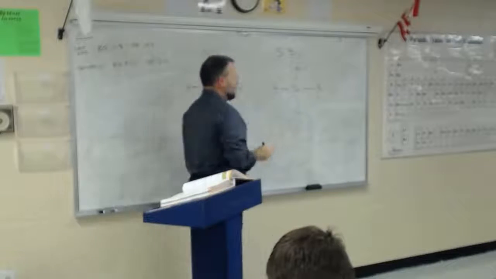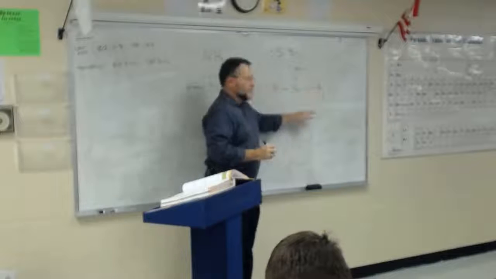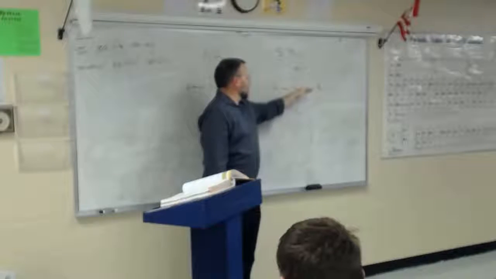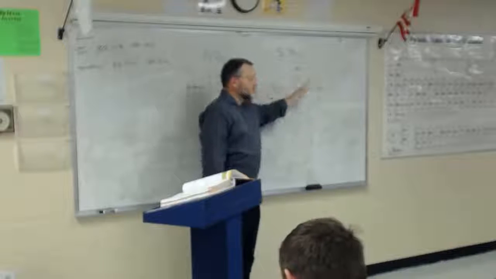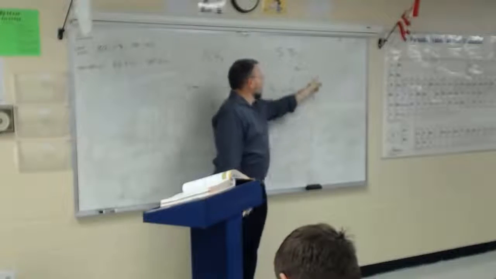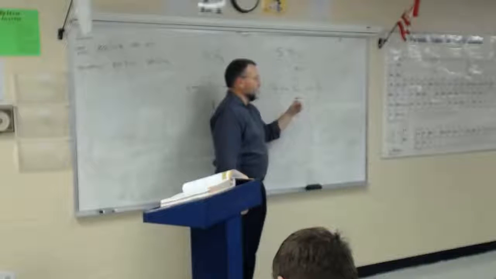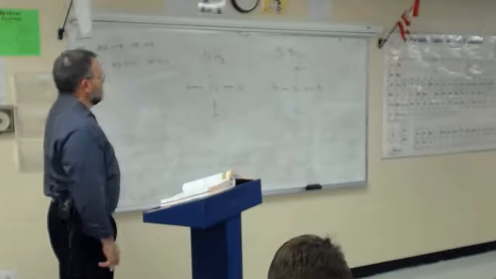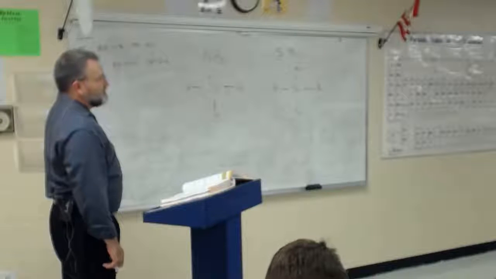And I should recognize now that every one of the bromines has its octet completed, and the silicon has its octet completed through sharing. 2, 4, 6, 8. 1, 2, 3, 4, 5, 6, 7, 8. So that's the Lewis dot structure for silicon tetrabromide.